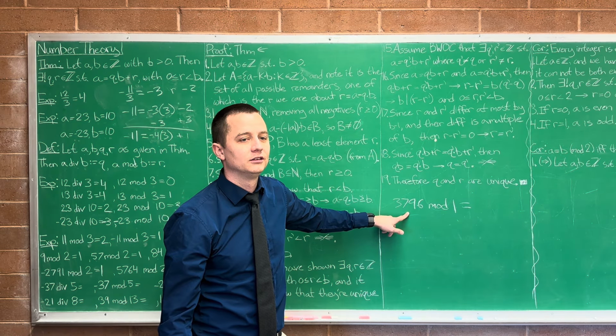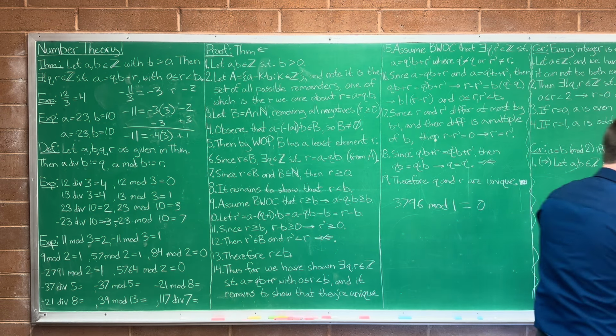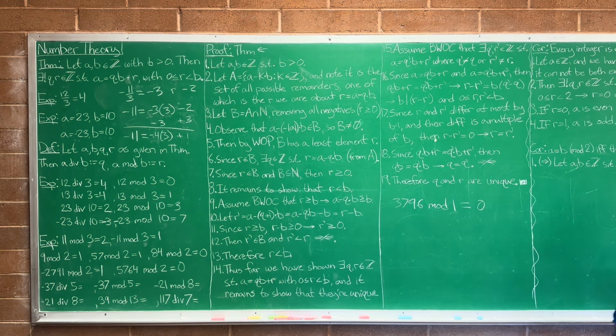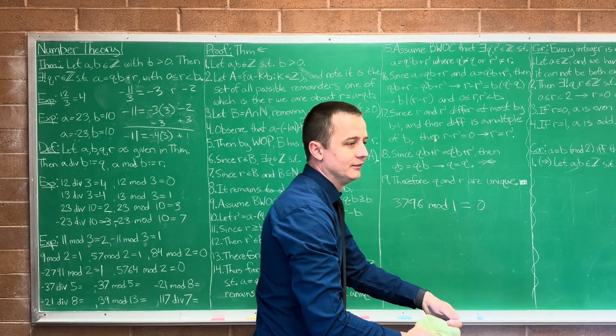And what's the remainder? 0. Your remainder always has to be less than the number you're modding by. And it always has to be greater than or equal to 0. So you're looking for a number less than 1, but greater than or equal to 0. So it's always going to be 0 when you mod by 1. Because 1 will go into any integer, some integer number of times, no remainder.